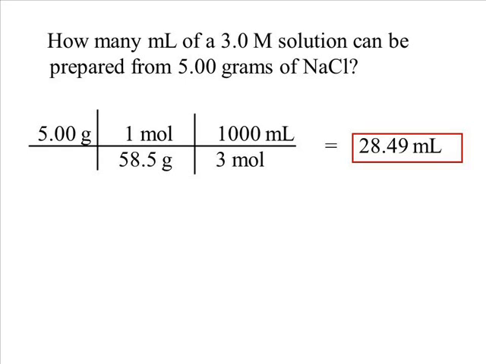You want a 3 molar solution, so 3 moles, which would cancel with the moles from your molar mass, in either 1 liter or 1,000 milliliters, and your final conversion would give you 28.49 milliliters. Since we usually use a measurement of milliliters in the lab, 3 moles in 1,000 milliliters is probably the easiest conversion to do.